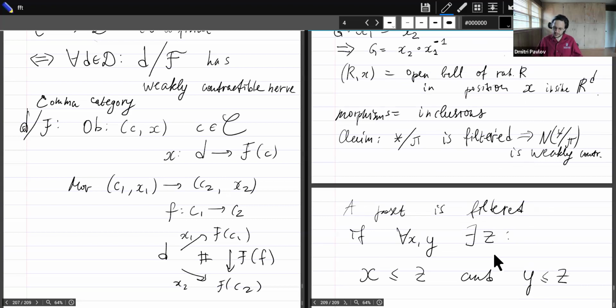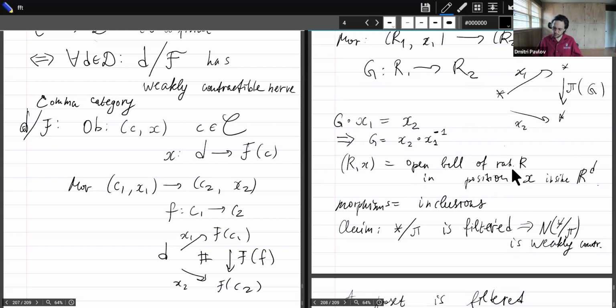In our case, elements are open balls inside Rd, and for any two open balls inside Rd, no matter what position, you can pick a bigger open ball that contains them both. So indeed, this poset is filtered.